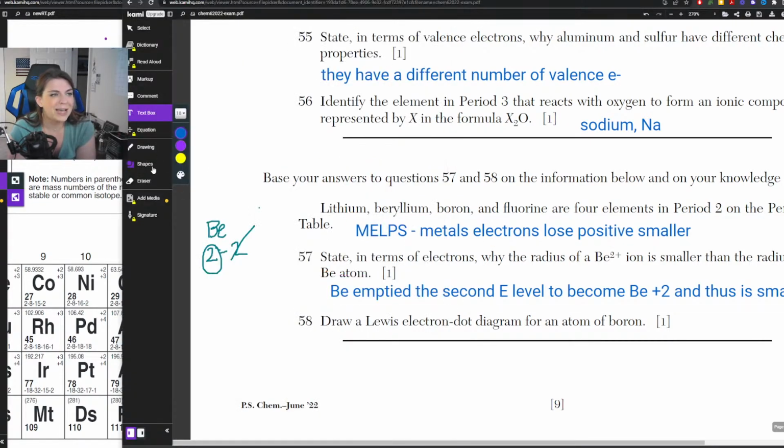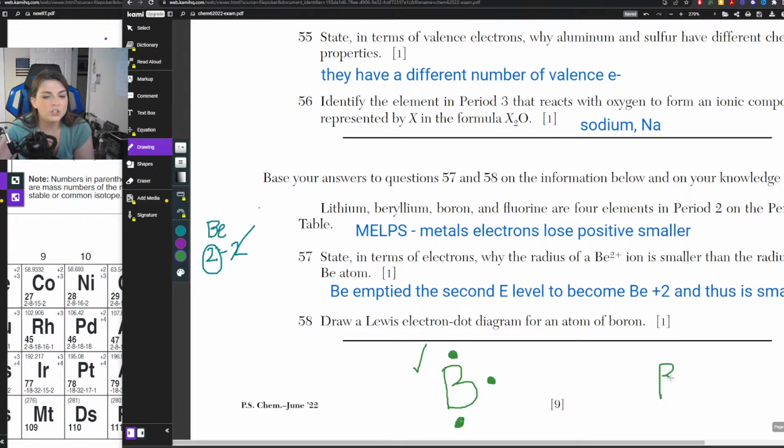The Lewis dot diagram only shows the valence electrons, and you draw them around the symbol. And when we draw them around the symbol, we have to imagine that they are on the sides of an imaginary box. So that would be a correct answer. Again, just valence electrons as if they were on sides of an imaginary box.